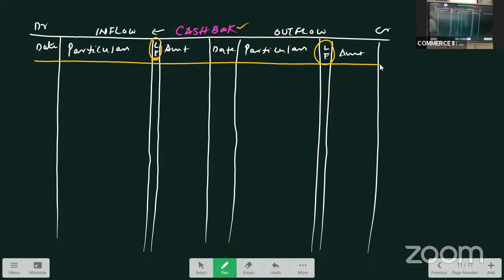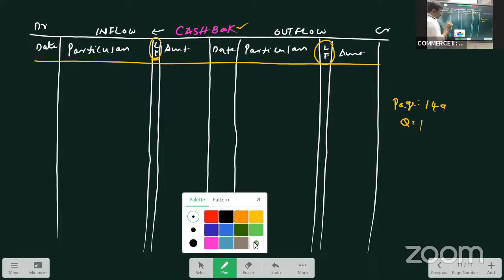Page number 149, question number 1. Academy textbook, page number 149, question number 1. All of you please be ready with the textbook.